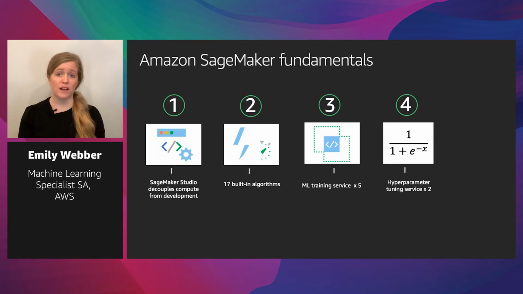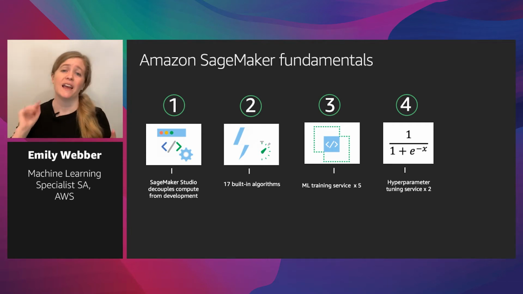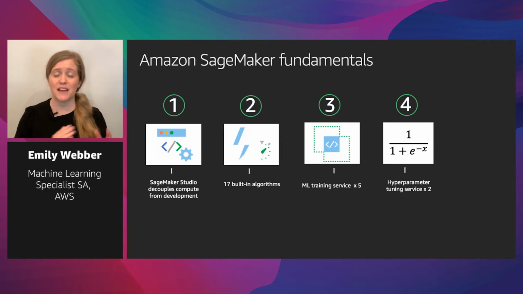After we've trained our model, we can tune it. The tuner is fully compatible both with the built-in algorithms and when we bring our own, again, scikit-learn, XGBoost, deep learning, all the good stuff. The hyperparameter tuner is leveraging Bayesian optimization. We can specify the hyperparameters we want tuned in addition to the number of total jobs and the jobs in parallel. The hyperparameter tuner will operate like an orchestrator.